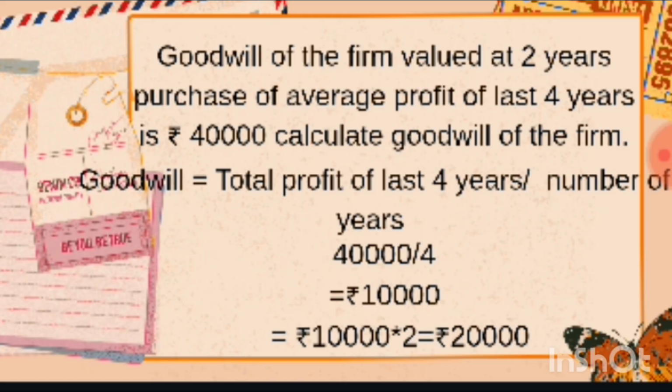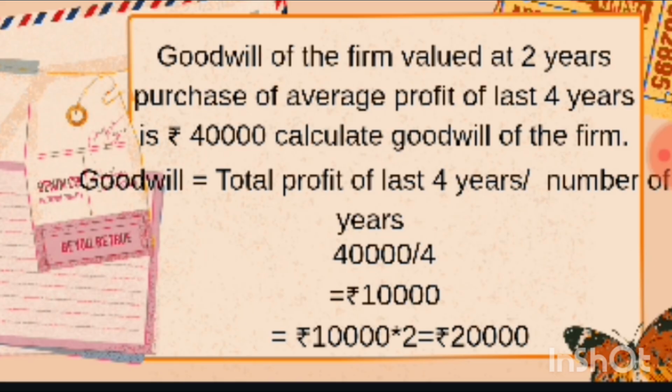So 4 years profit total is given as 40,000. Number of years of profit is given as 4. So that must be divided, 4 has to be divided in order to find out average profit. So 40,000 divided by 4 is equal to 10,000.